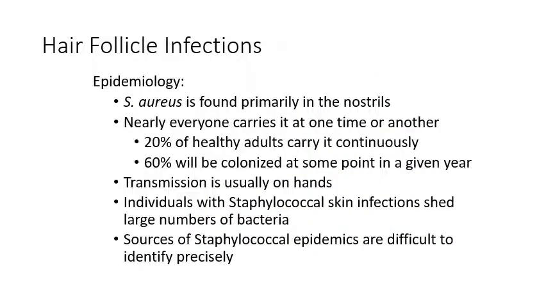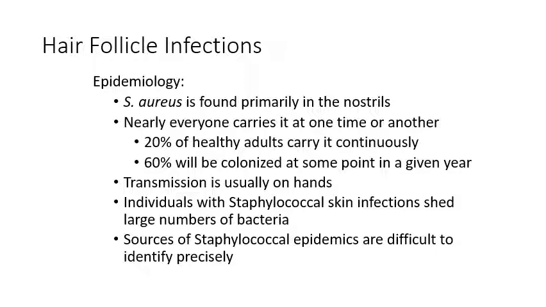Okay. So epidemiology for these type of hair follicle infections, this is really, really common. In fact, Staph aureus itself lives in the nose. It's primarily where we find Staph aureus, and it's normal for most people. Many normal healthy people carry Staph aureus in their nose as just part of their normal microbiome.